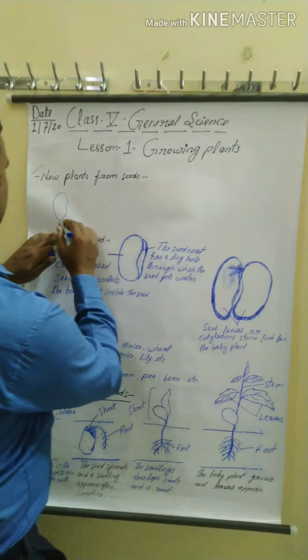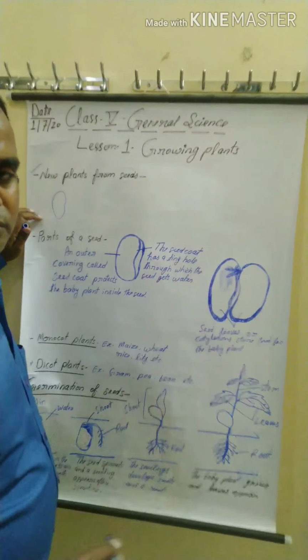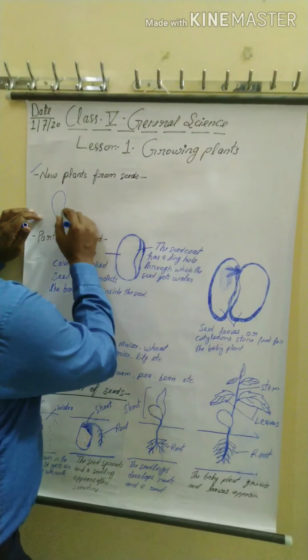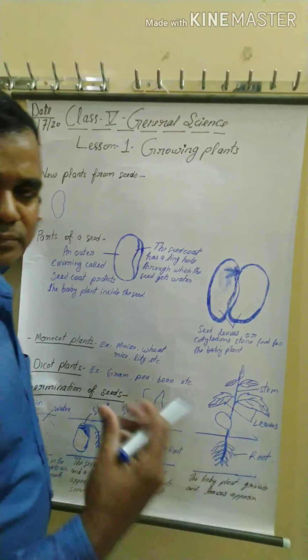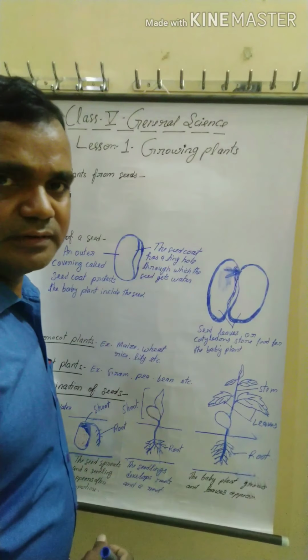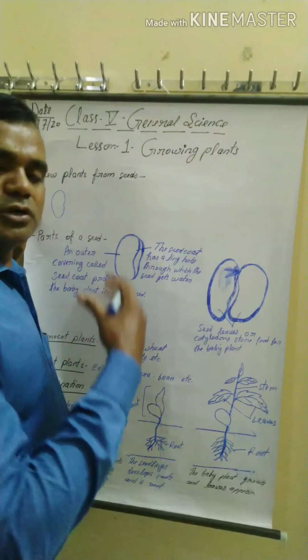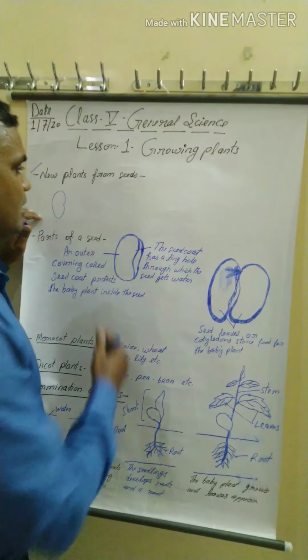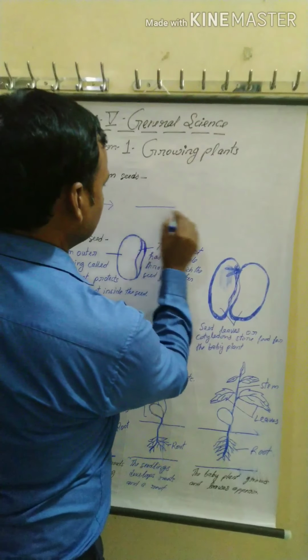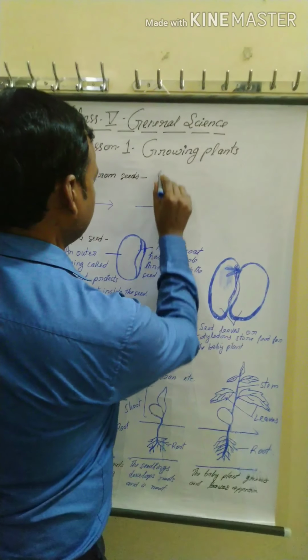If anybody sows this seed in the soil, it absorbs water from the soil, gets air from the atmosphere and warmth from the sun. After a few days it converts into a plant.